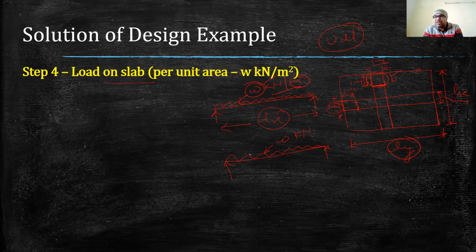So the load on this area will be calculated, and the load on this unit area will be the same. Therefore the area on which we are considering load will be 1 by 1, which means 1 meter square area. That is why we are calculating load per unit area, which is W kilonewton per meter square.